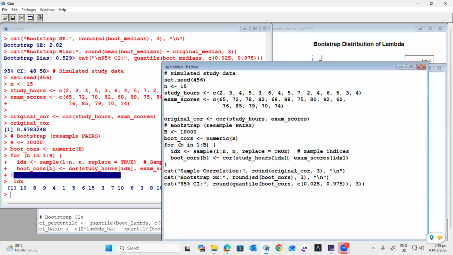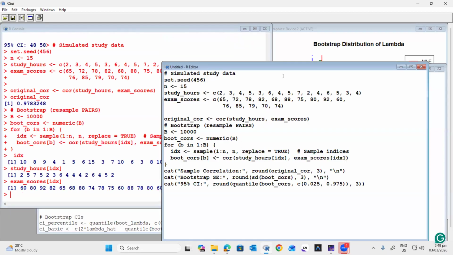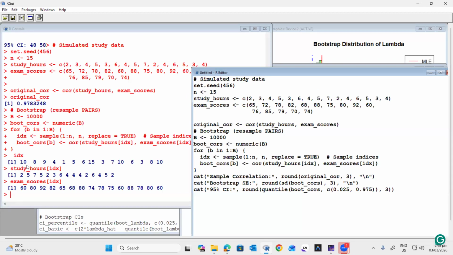Now study hours and exam scores run with it. Index 10 takes 2 study hours, so 60 comes for that one.